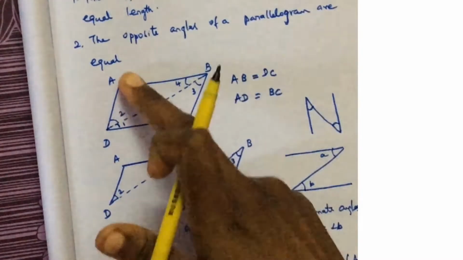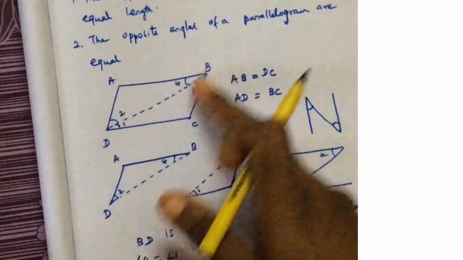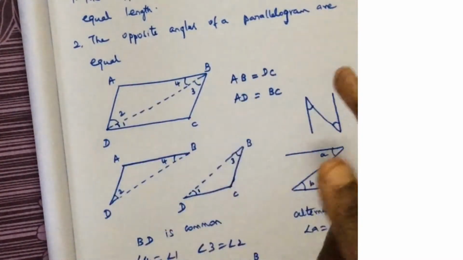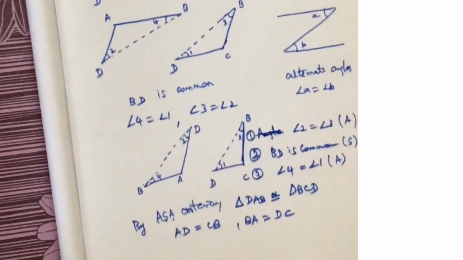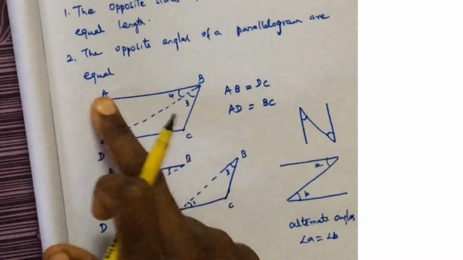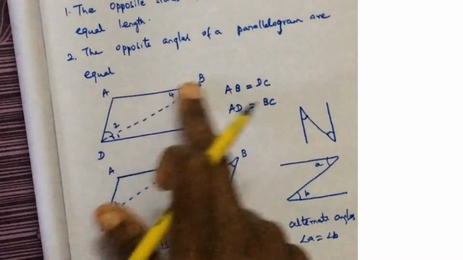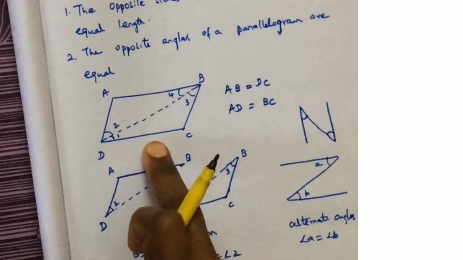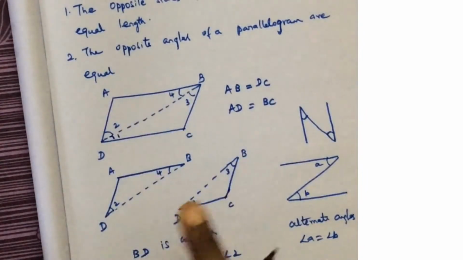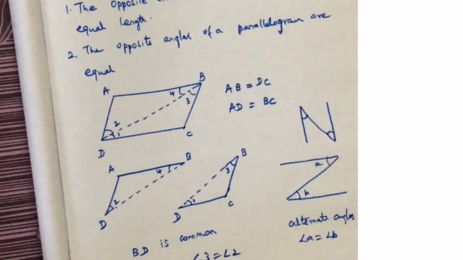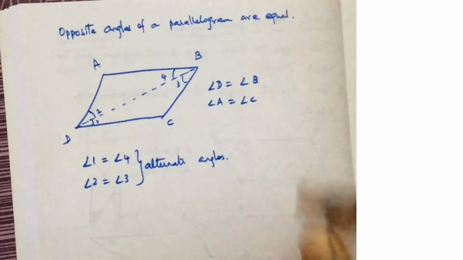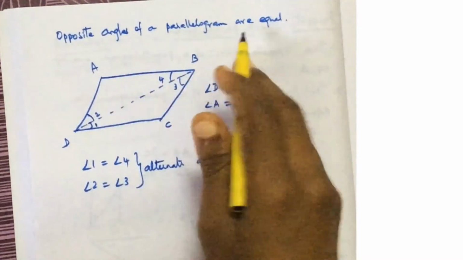Here it is AD and CB. These are the opposite sides of a parallelogram. They are equal. Another thing is BA and DC. BA is here, DC is here. These both lengths are equal. So these two opposite sides are equal and these opposite sides are equal. That is the first thing we want to prove. That we have proved. Next thing we have to prove is opposite sides of a parallelogram are equal.